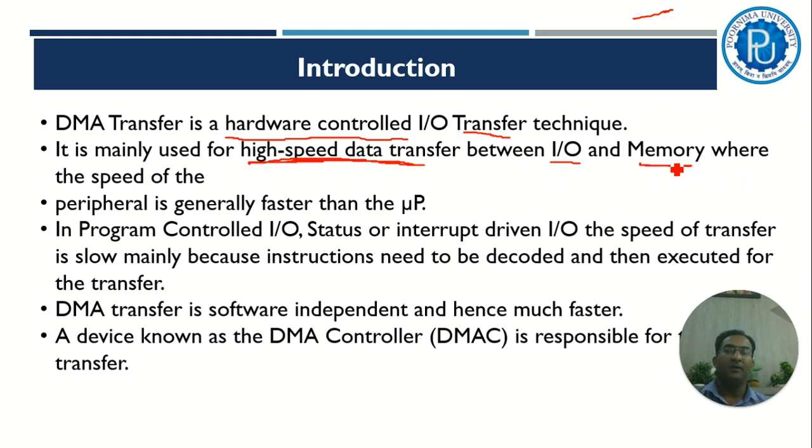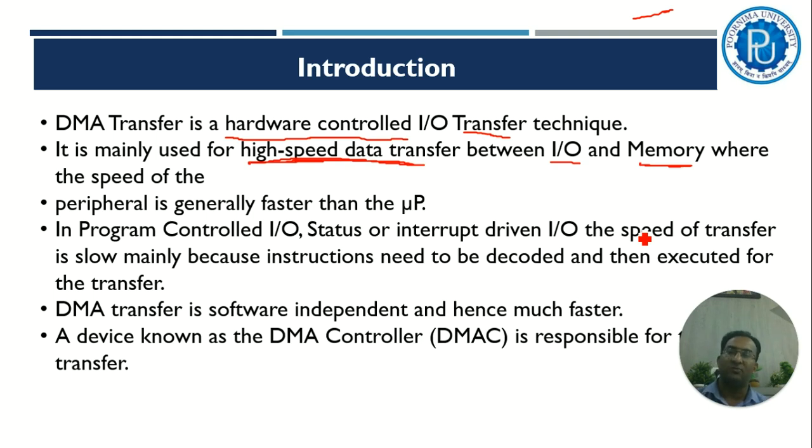Where the speed of the peripheral is generally faster than the CPU. Now, in program controlled input output, or interrupt driven input output, in both these types of transfer techniques, there is some software. As we know that software is a program, and in a program there are instructions.